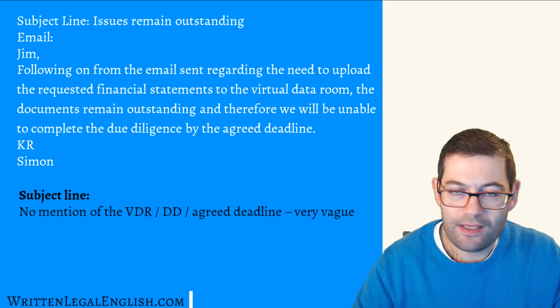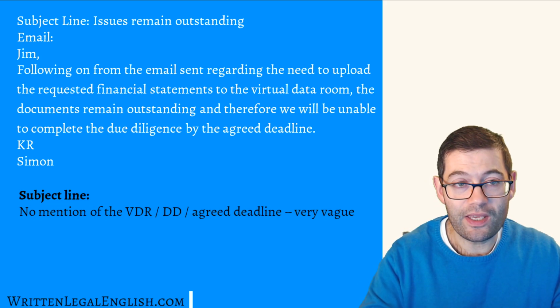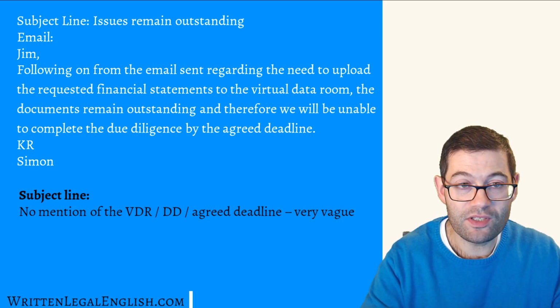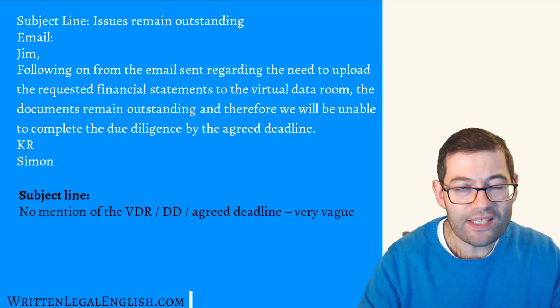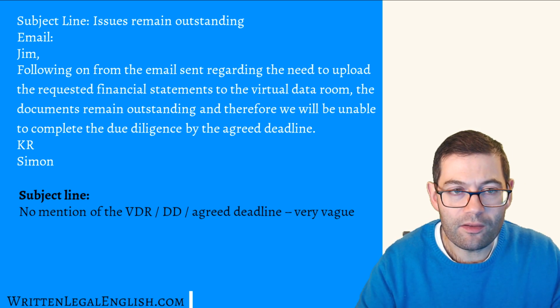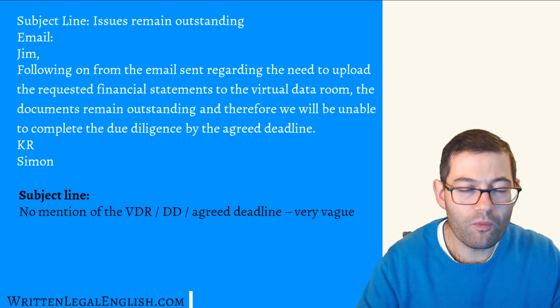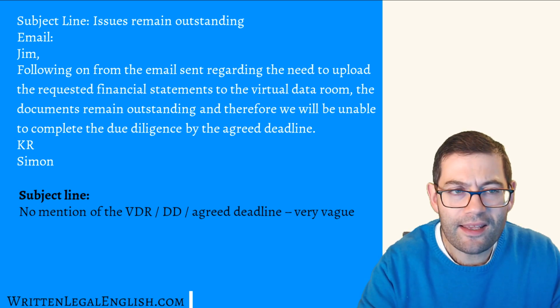The subject line is incredibly vague. It sounds as if it's accurate, it sounds as if it's making a good point, but it doesn't really tell us anything at all. It tells us one point in terms of the content of the email, but it doesn't tell us anything else.